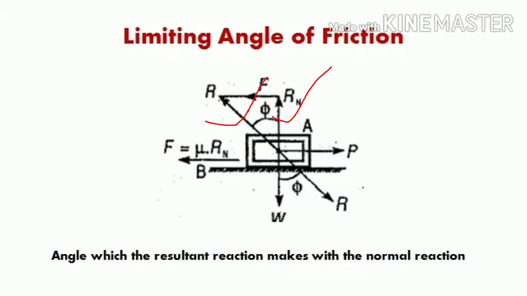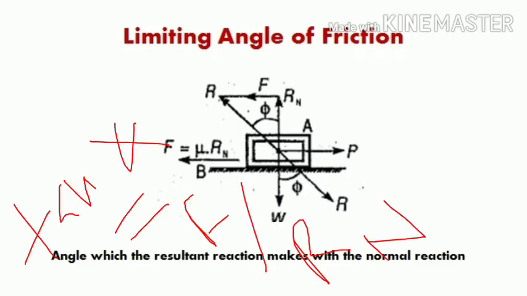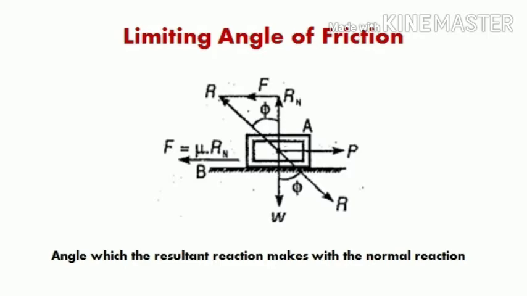The resultant force R is the resultant of the normal reaction and the frictional force, and the angle made between the resultant force and the normal reaction, here phi, is called the limiting angle of friction. Therefore we can write tan phi is equal to F, the perpendicular, by Rn, the base. So tan phi is equal to F by Rn.